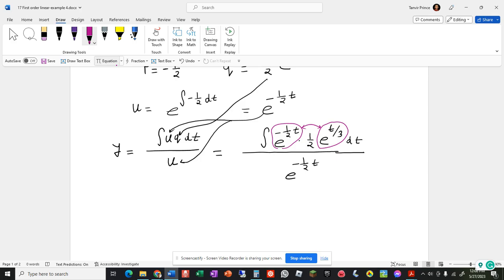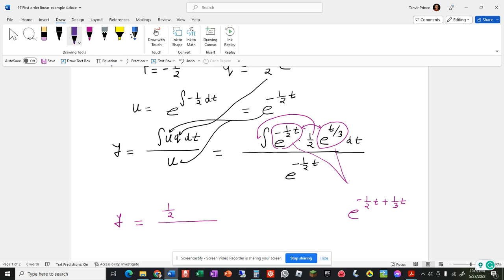So let's do that. And this half, I can bring it outside the integral. So I bring half outside. Let's do this multiplication here, so nobody gets confused. So I'm adding, right? Negative half t plus 1/3 t. This t over 3 is 1/3 t, right?